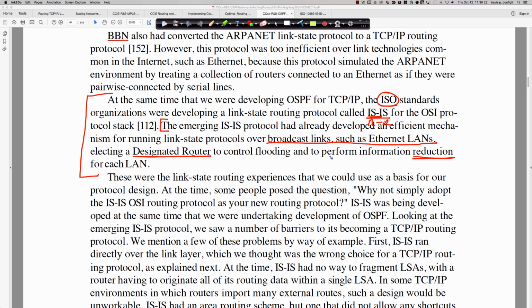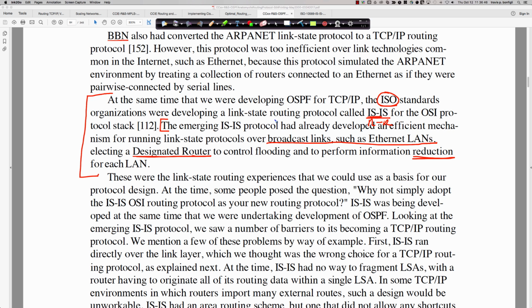So really, only one router could be put in charge of the flooding of link state information. And in fact, that's the entire history of the DR and then the backup designated router. And a quick side note is IS-IS does not elect a backup. But we're worried about OSPF here.